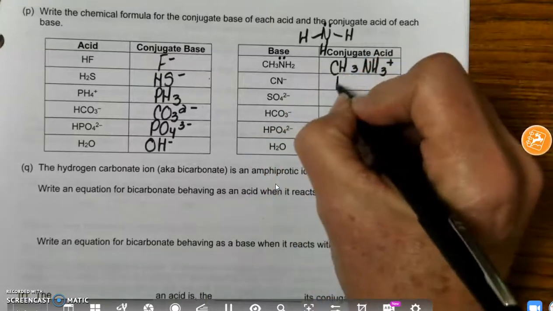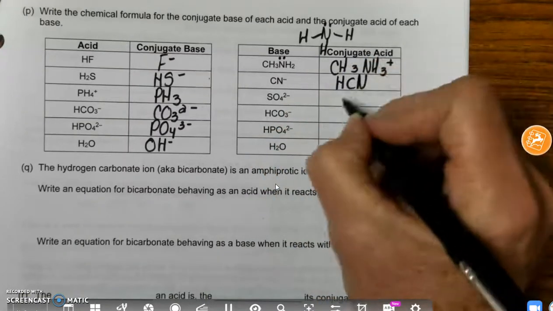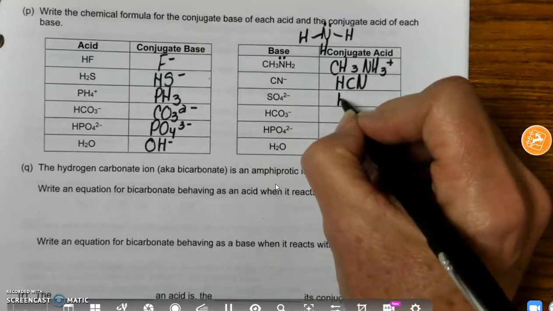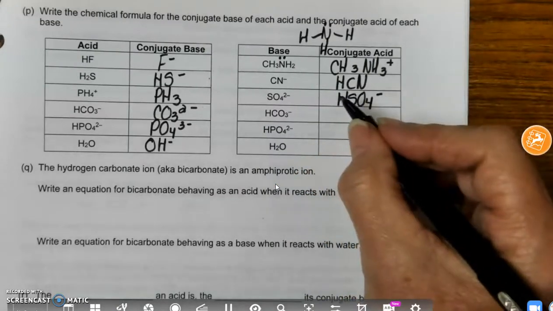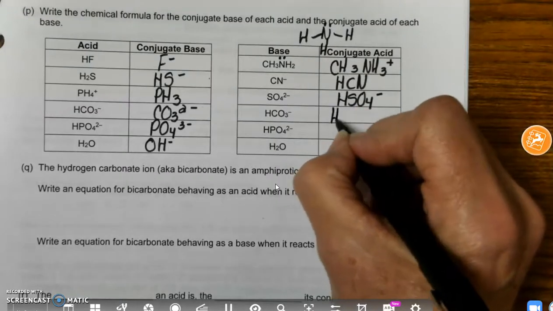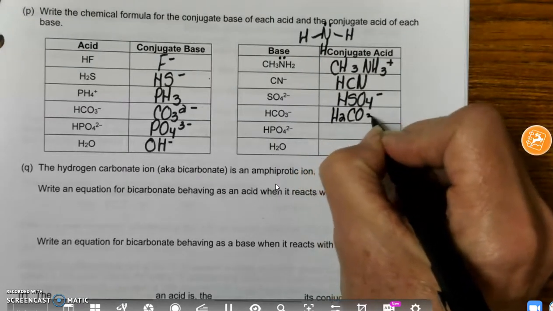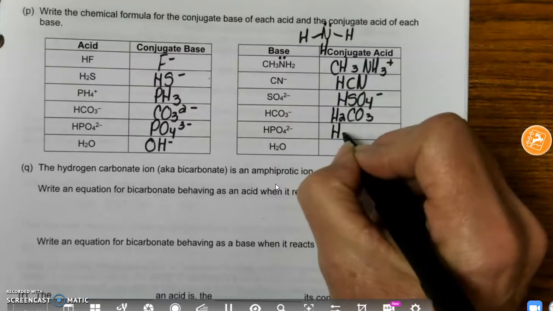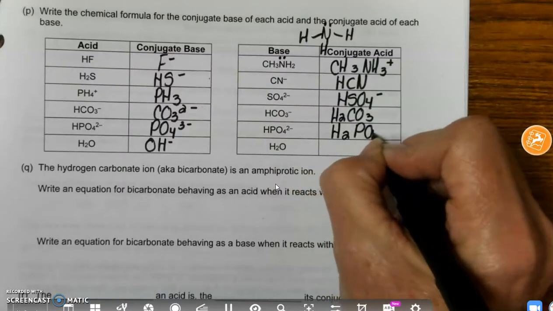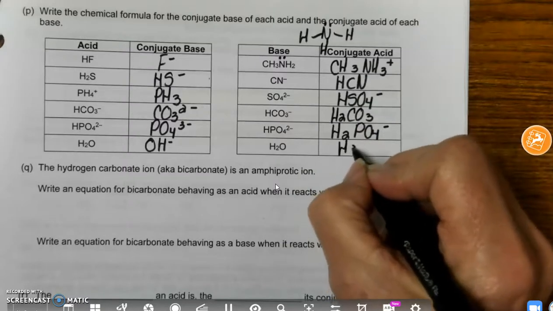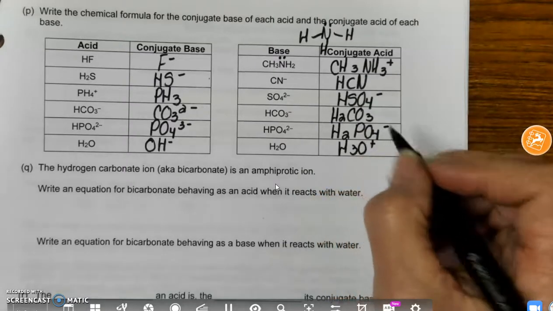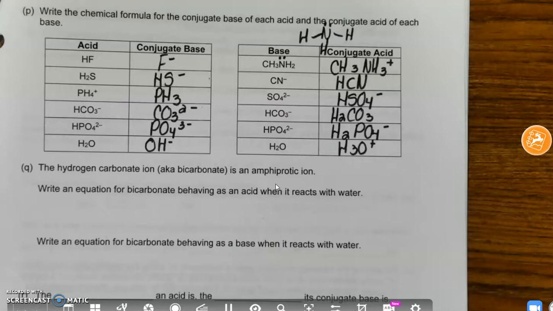I can also do the same here, picking up a proton. Now if I do this here, SO4 1 minus, because I've added a positive charge. H2CO3, H2PO4 minus and H3O plus. So that's some examples of some of the conjugates.